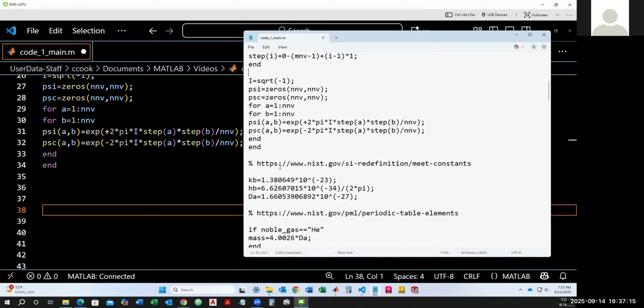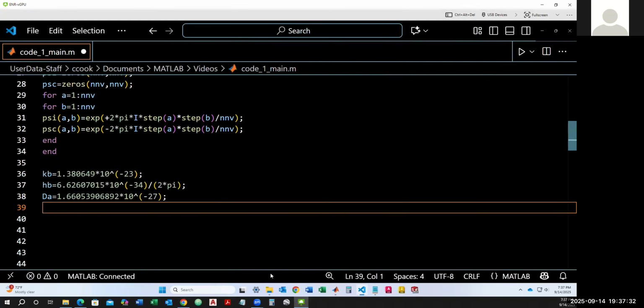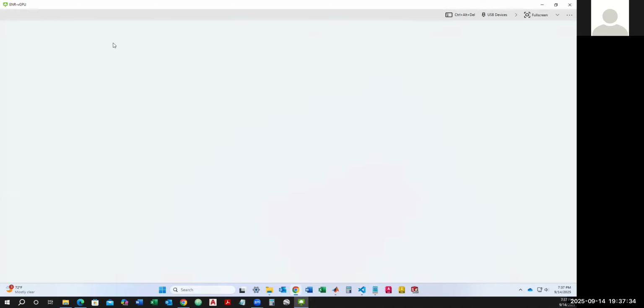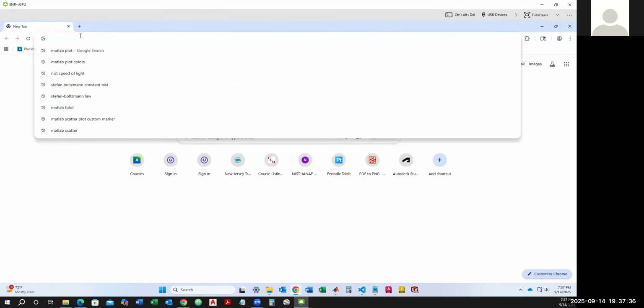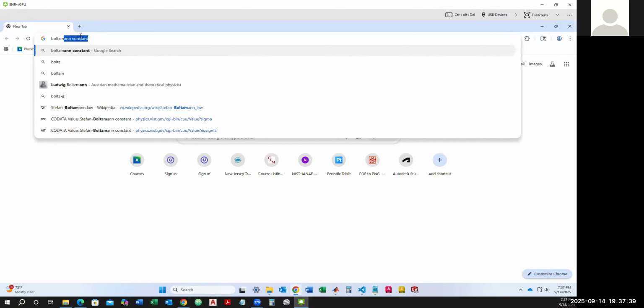We're next going to go to the NIST website and grab some universal constants. We're going to get the Boltzmann constant, we need the Planck constant, and we're going to get the Dalton unit as well. For example, we'll search Boltzmann constant, NIST.